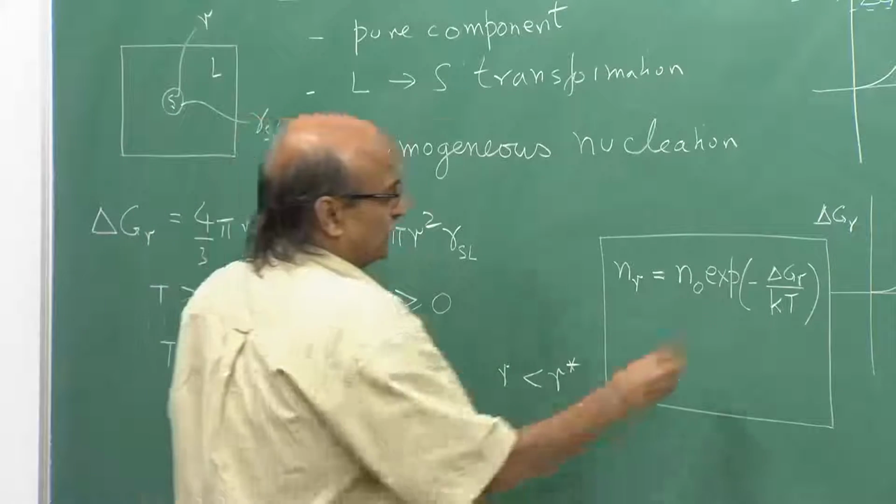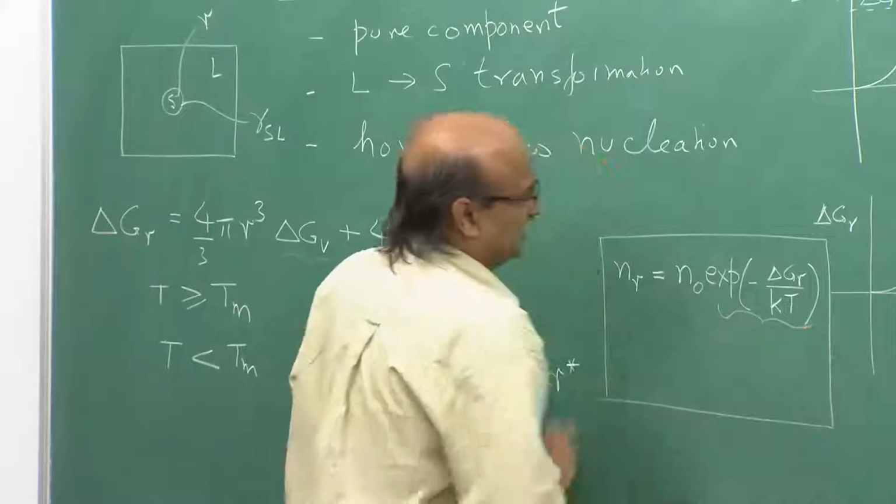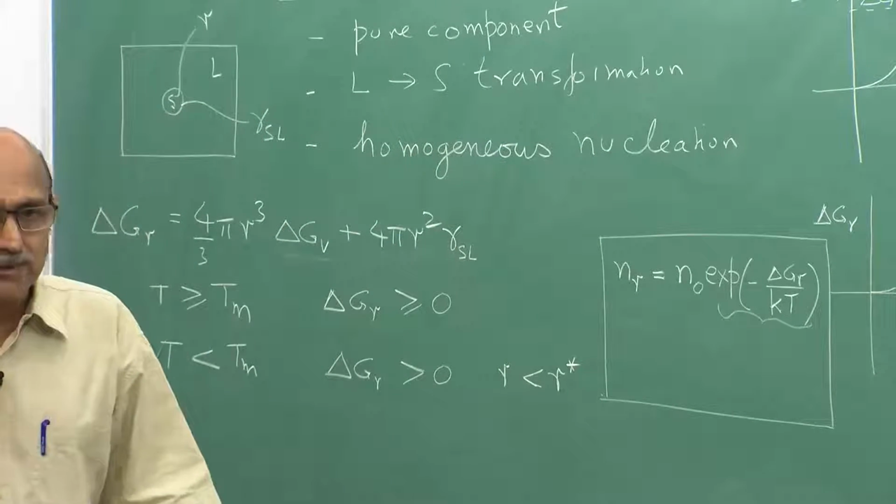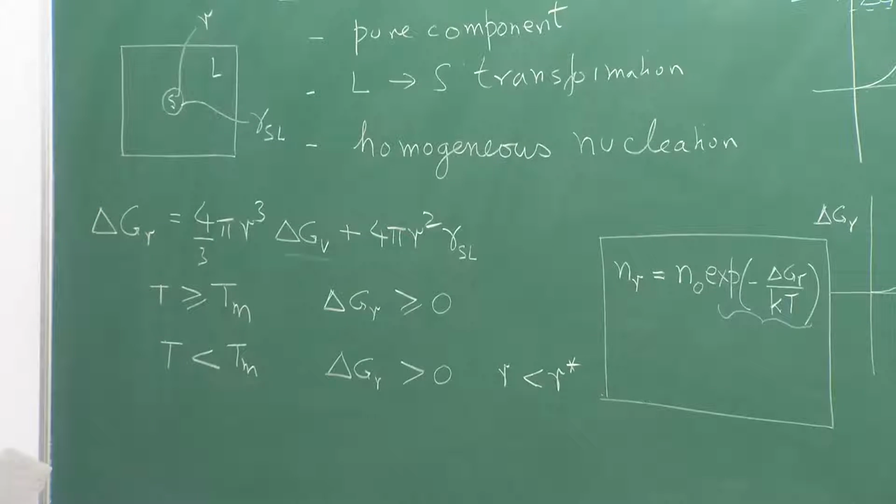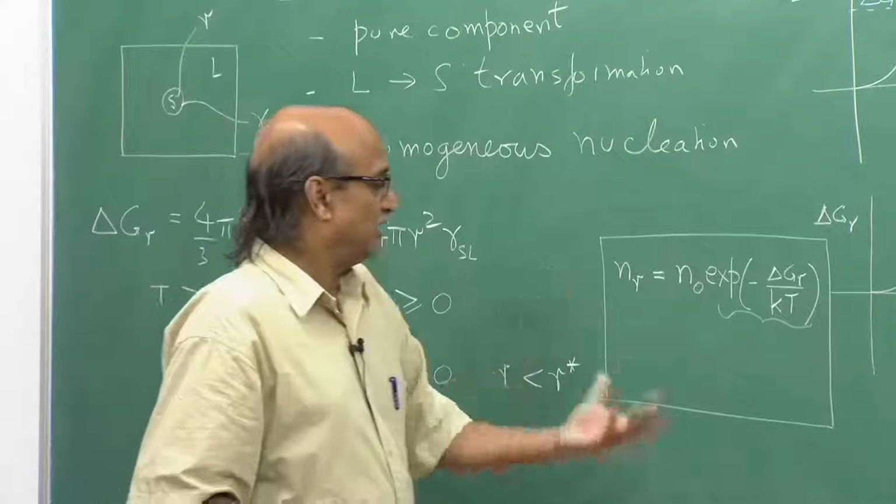If I look at this expression, this exponential part is like the probability of a nucleus of size R forming.